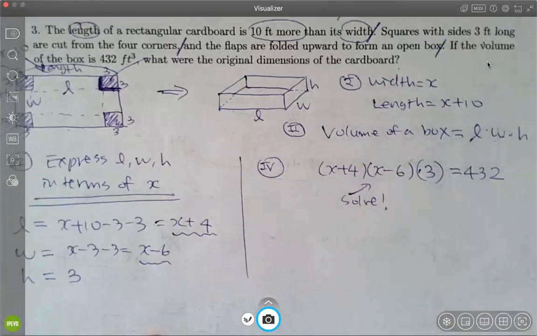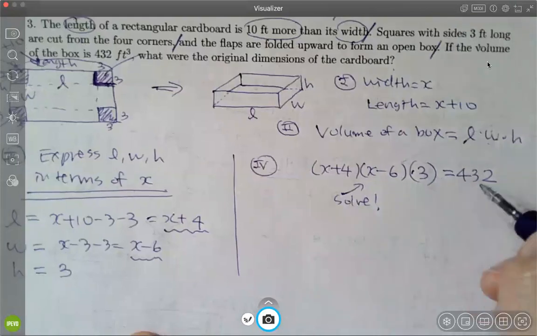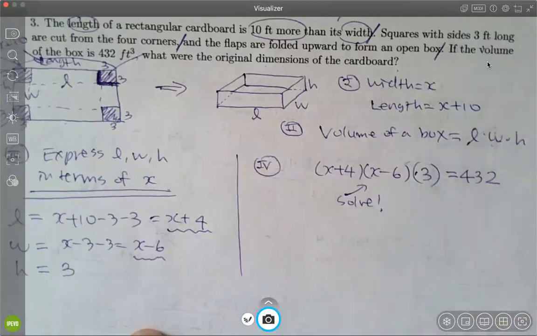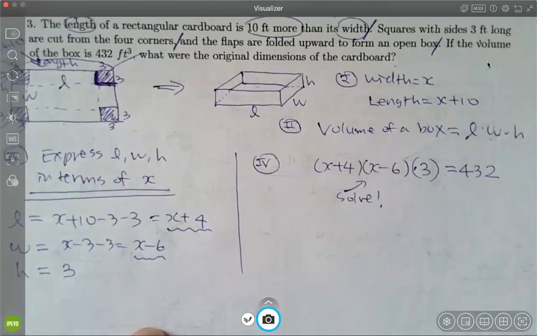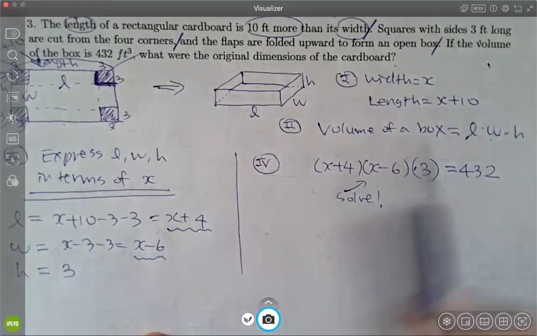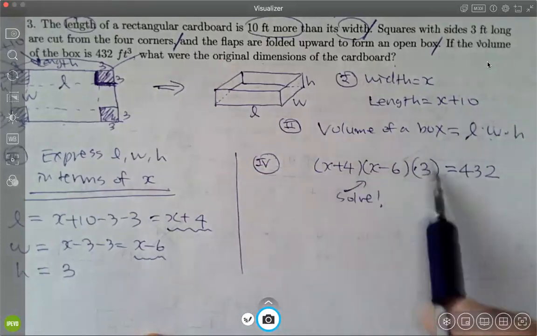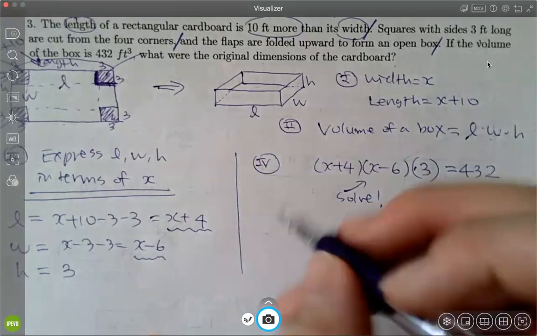Now here the number, 432, is a bit large. Can anybody see a way to reduce this number, 432? By doing something to both sides of the equation, we can reduce that 432. You divide it by 3. Divide by 3, yes. Instead of foiling everything and then multiplying by 3, we can divide by 3.